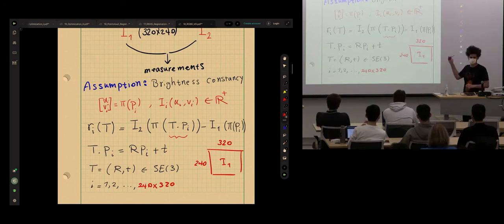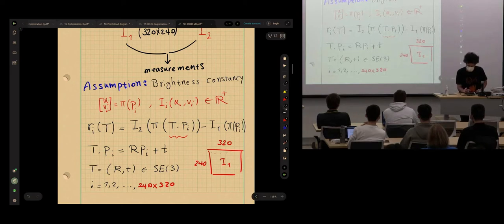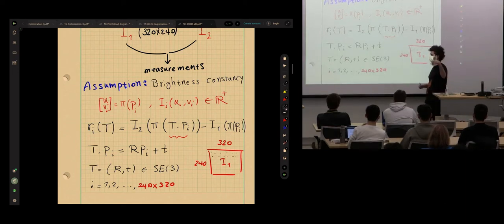How do we know which I2 to subtract from I1? So the answer is that from image 1, you have all these points. You start from the first one. Again, you know the point in 3D because it's an RGB camera.